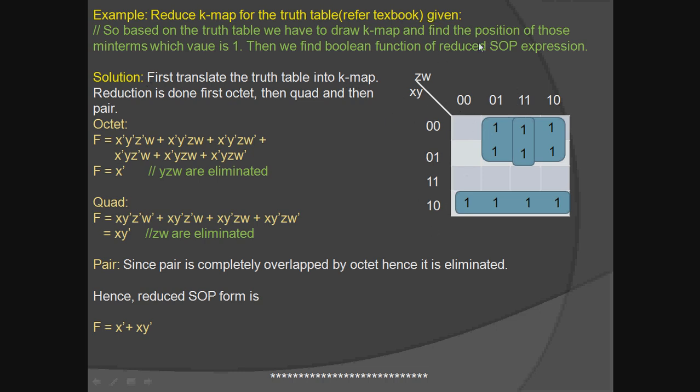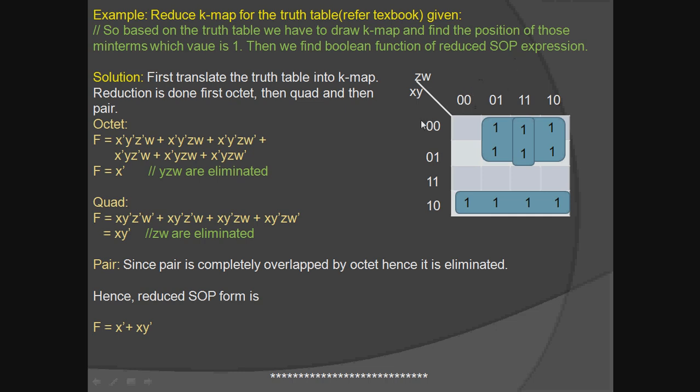Based on that truth table, wherever the function values are 1, so based on x, y, z and w, if x is 0, y is 0, z is 0 and w is 0, then f will be 0.